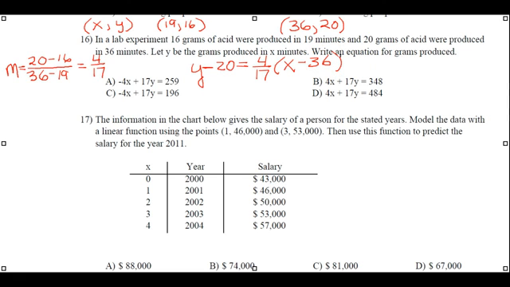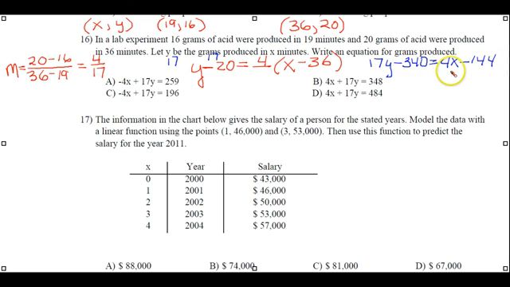Now I'm going to multiply everything by 17. And then here the 17s just cancel out. So I'm going to multiply that through. So I get 17y minus 340, 4x minus this.